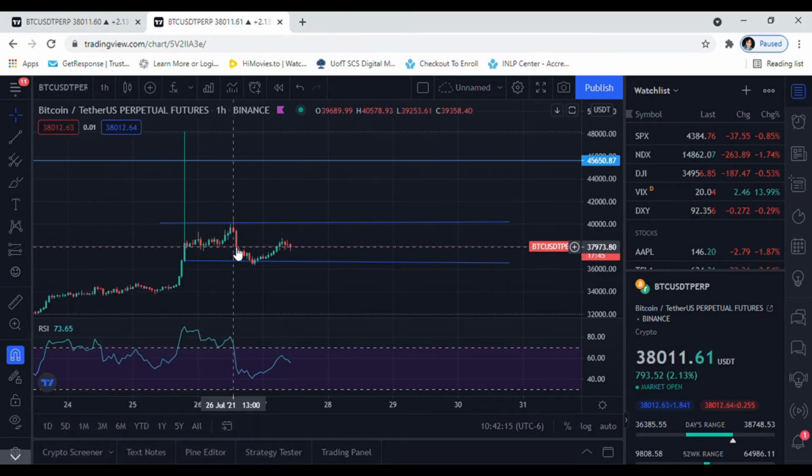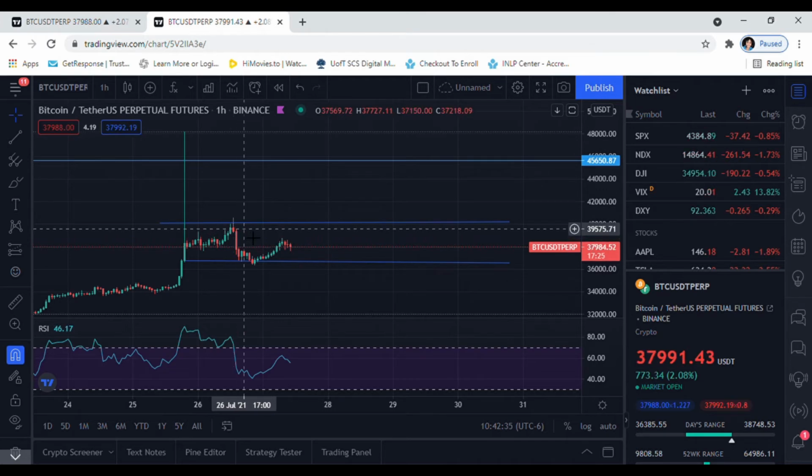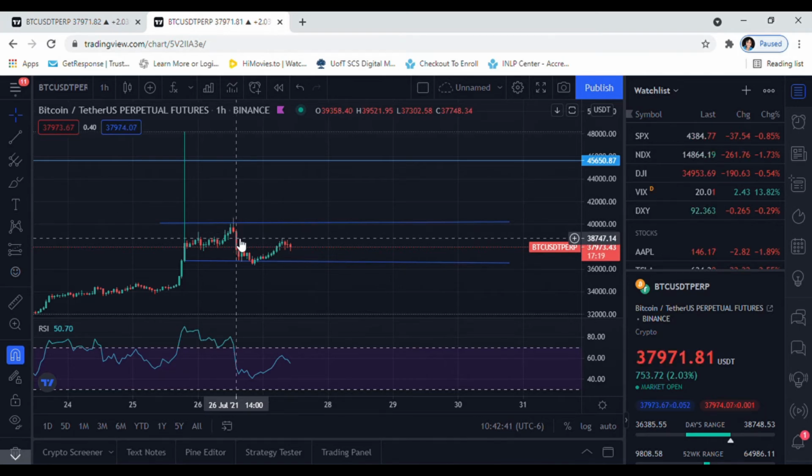When the price gets rejected at a resistance, usually the next candle after that will retrace back a little bit towards the resistance. If you want to make the most out of your trade, you want to enter at that retracement. Don't enter just because the candle closed at a red at a resistance. Doesn't mean you should just enter right away.